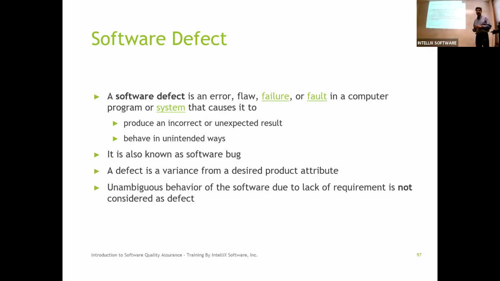For a software bug to occur, there must be a specific requirement, because it is behavior different from the expected behavior, and in order for me to understand what the expected behavior should be, I need to have a requirement.